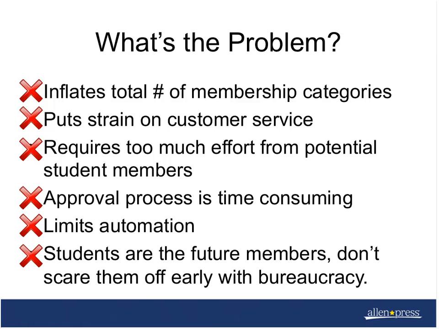If you track undergrads, graduates, and postdocs as different categories, are you inflating your membership category? Is your customer service team able to track your requirements? Those requirements being the quantity of years, being able to review a student ID.